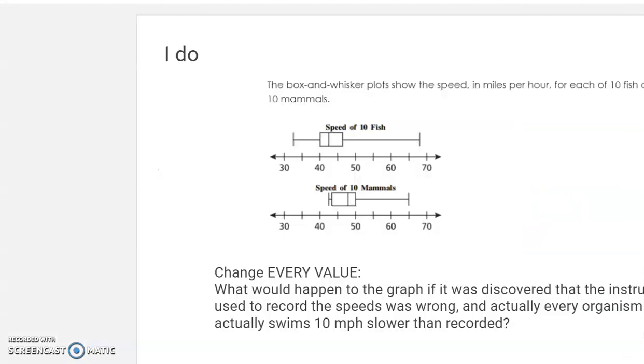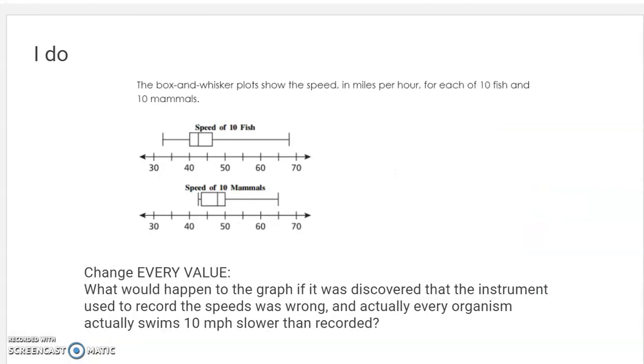One other kind of change you might see frequently is this one. What would happen to the graph if it was discovered that the instrument used to record the speeds was wrong and every organism actually swims 10 miles an hour slower than recorded? So that means we take every single point in both data sets, 2, 3, 4, 5, 6, 7, 8, 9, 10. Right, and again, we didn't know very many.